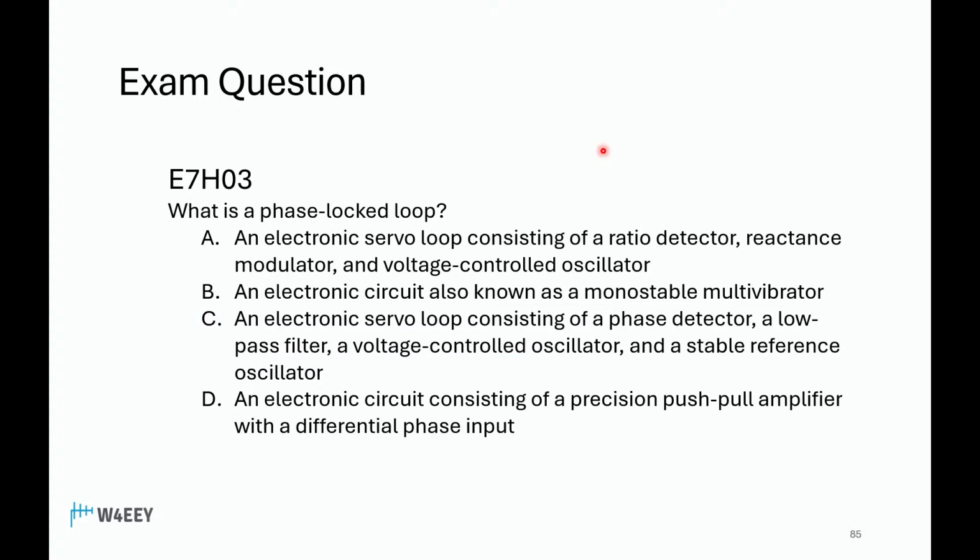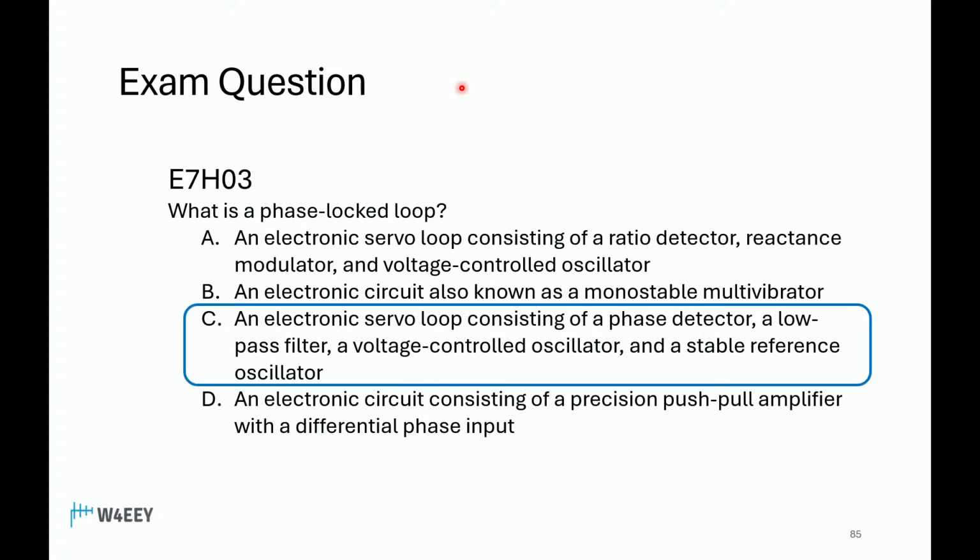What is a phase lock loop? What were the key words that we were looking for here? So A, did I hear you say C? Well, it's a servo loop.